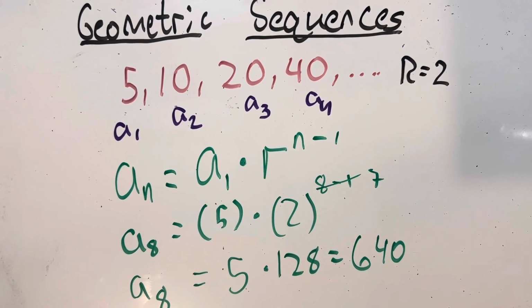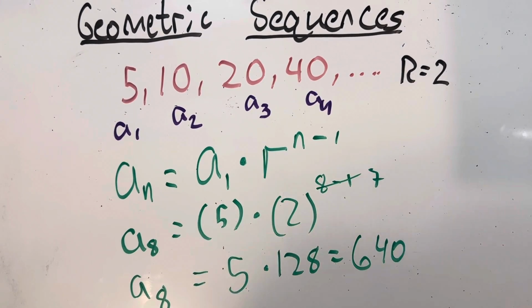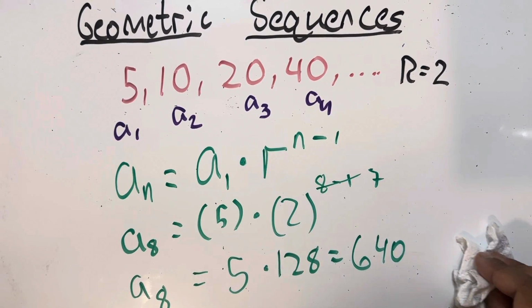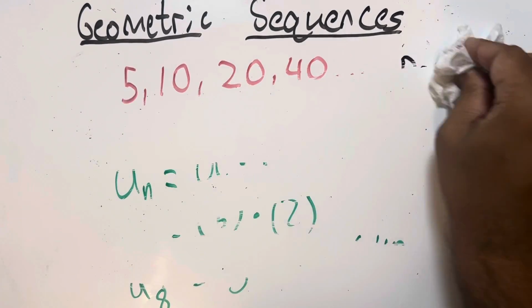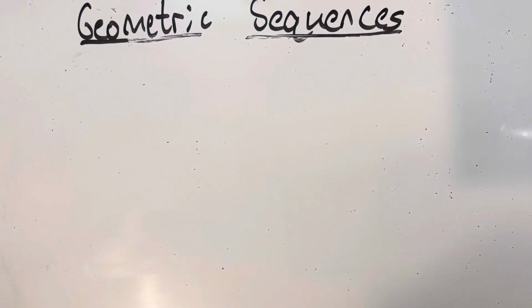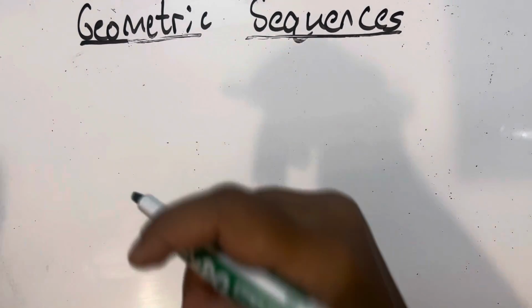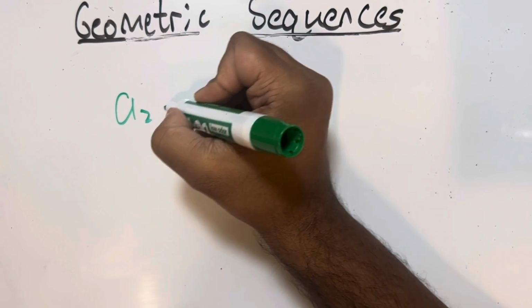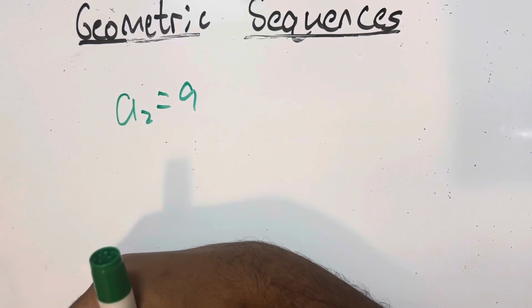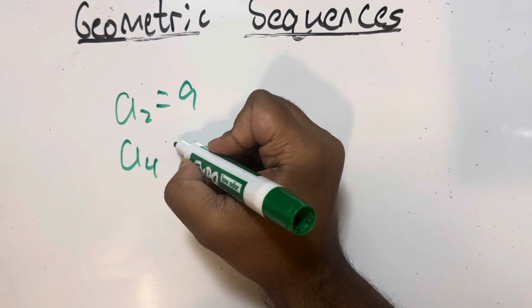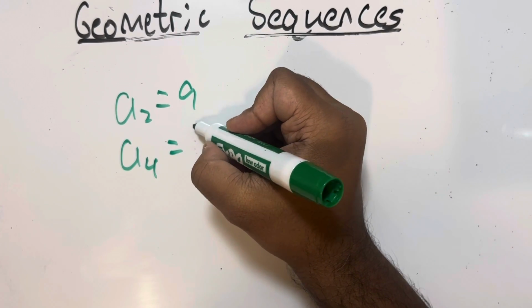But say we run into a problem. Say we're given two terms and we have to find the ratio, but they're not consecutive. Say a of 2 equals 9, and a of 4 equals 81.